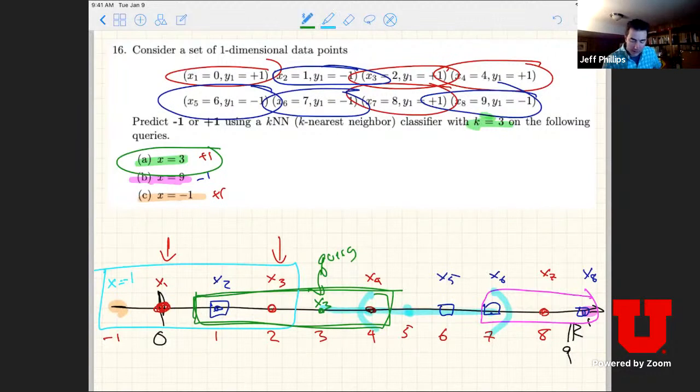Let's say I picked a point right here at 7.5. Then x5 and x8 are the same distance. But in this case, it was still okay, since even if I picked either x5 or x8, they're both negative. But if there are ties, it becomes trickier. I won't ask you that question on the final.